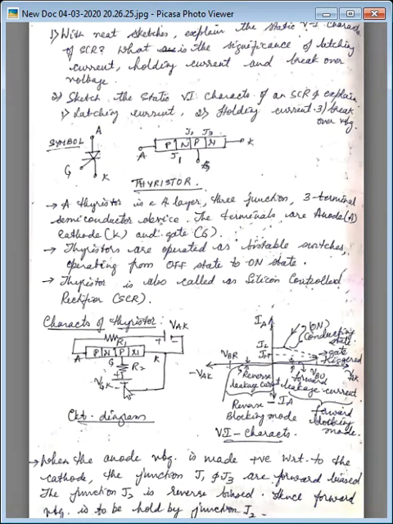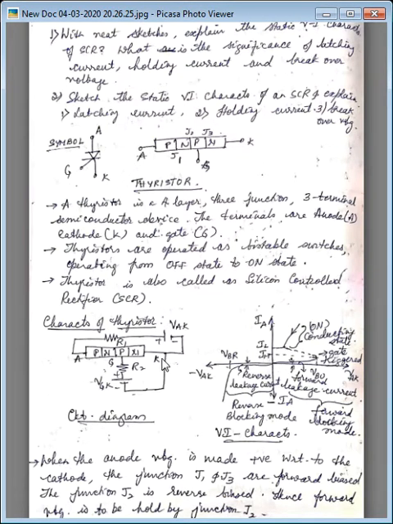When the gate voltage is applied gradually to the junction J2, slowly the current starts flowing from the J2 junction towards the J3 junction. So J2 gets short circuited and forward biased, and slowly the current starts flowing from the minimum current to the maximum.